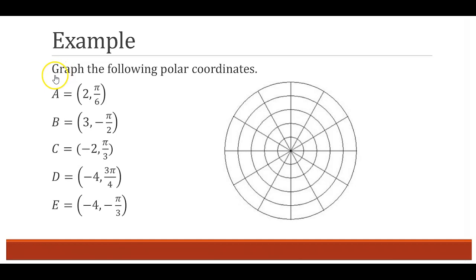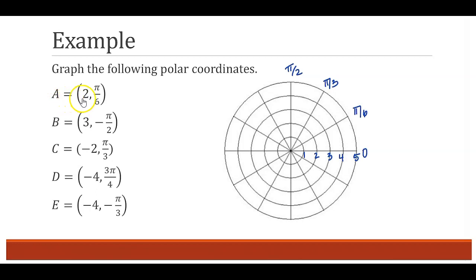In this example, we're going to continue to graph some polar coordinates. Here is our blank polar coordinate system, and I'm going to label the polar axis. And I'm going to label just the angles for now in quadrant 1. So we have 0, pi over 6, pi over 3, and pi over 2. So let's graph the following polar coordinates.